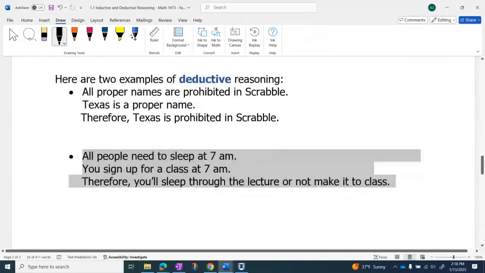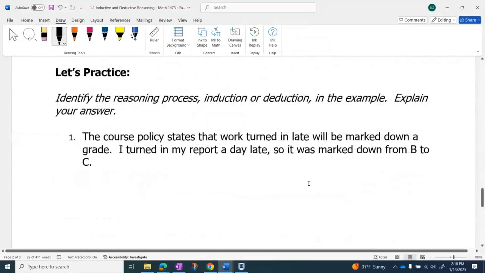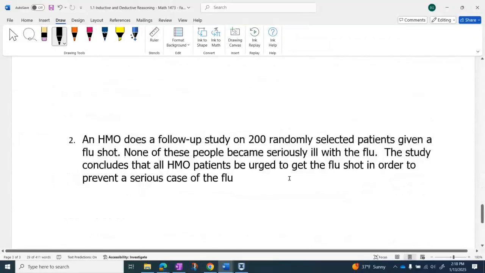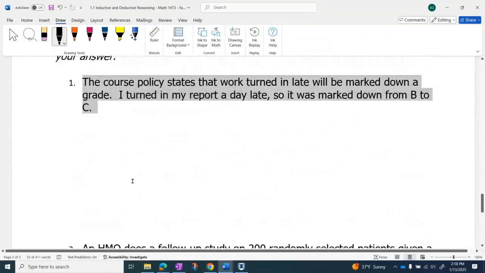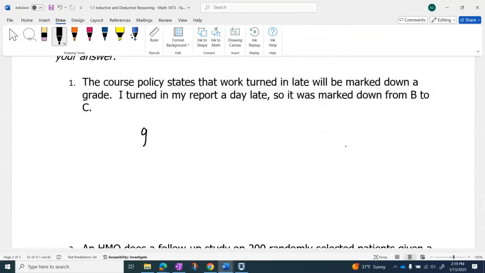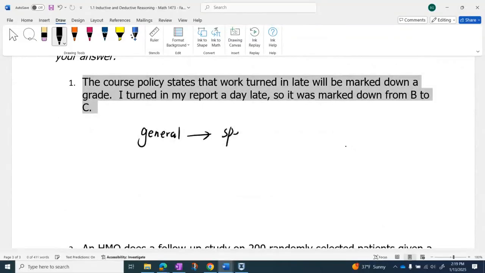I think a better example about deductive reasoning is this one, a course policy. You'll see the same problem in your MyLab Math assignments. The course policy states that work turned in late will be marked down a grade. I turned in my report a day late, so it was marked down from B to C. This is a deduction. Why is it a deduction? Because it goes from general to specific.